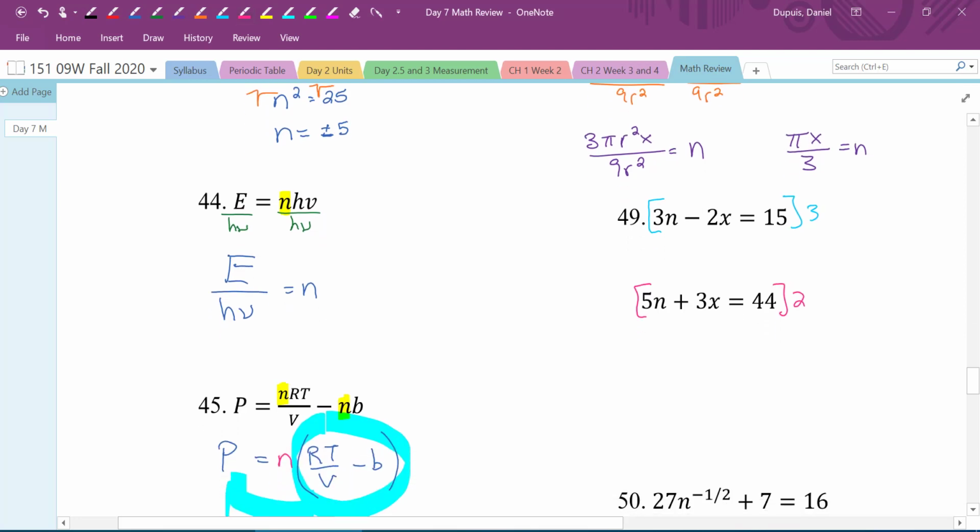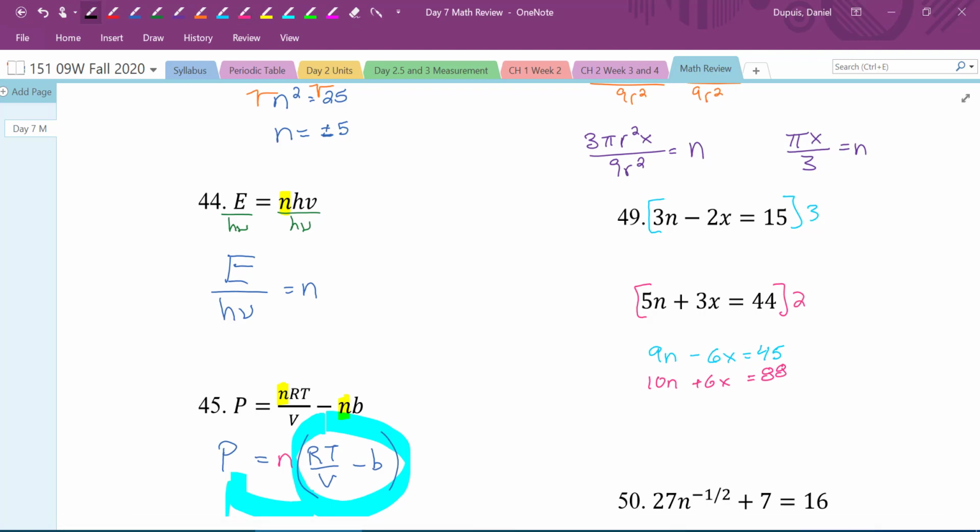Let's see what happens. So we get 9n minus 6x equals 45. And then I get 10n plus 6x equals 88.